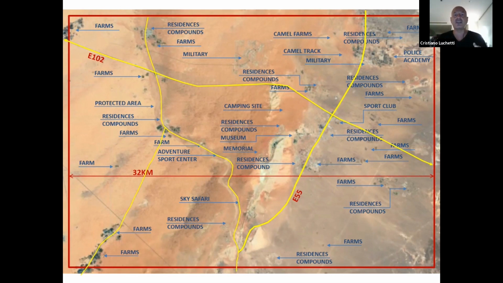If we do the same experiment of taking the same 32 kilometers wide rectangle in the desert of Sharjah, the configuration of elements and functions is significantly different. As you can see, the desert of Sharjah is not really the same as the one in Dubai.